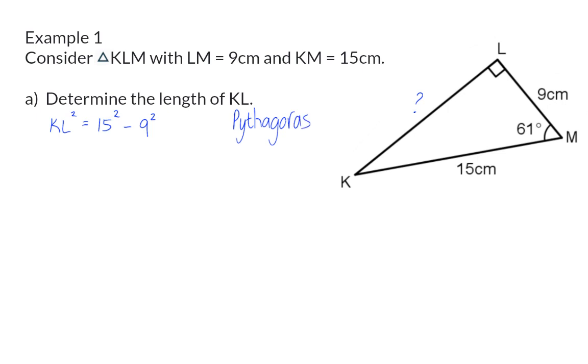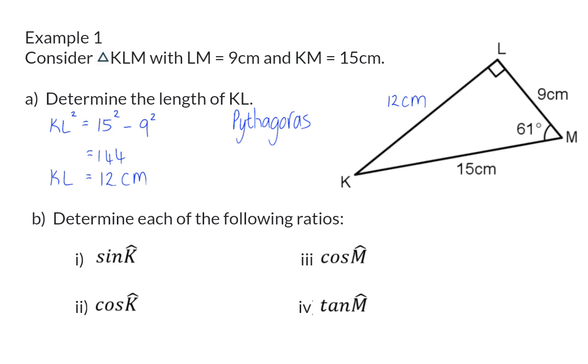We are doing the subtraction because we already have the hypotenuse, which is the longest of the three sides, and we need to determine one of the shorter sides. 15 squared minus 9 squared will give you the value 144. And to calculate the length of KL, we then take the square root of 144, so KL is 12 centimeters.